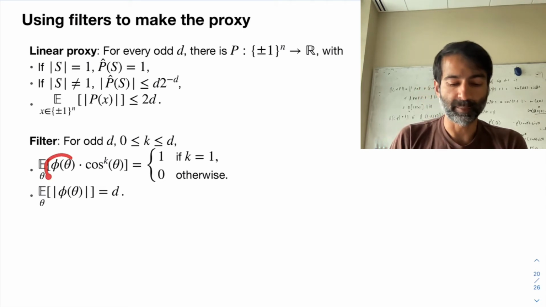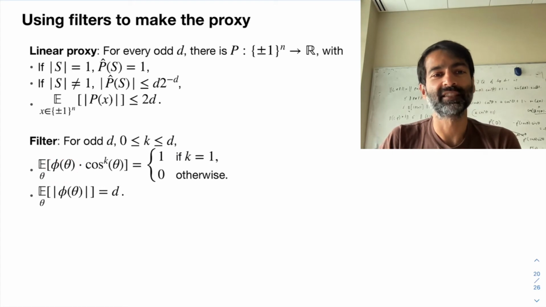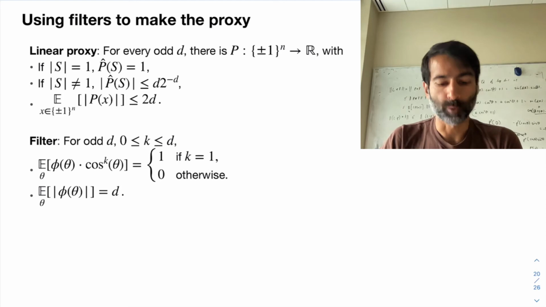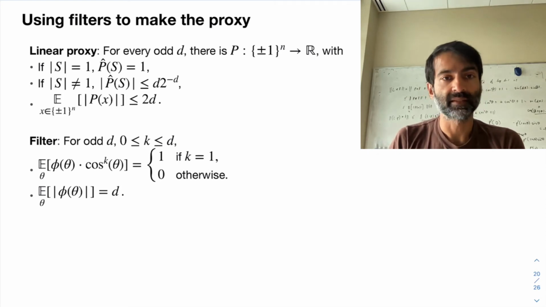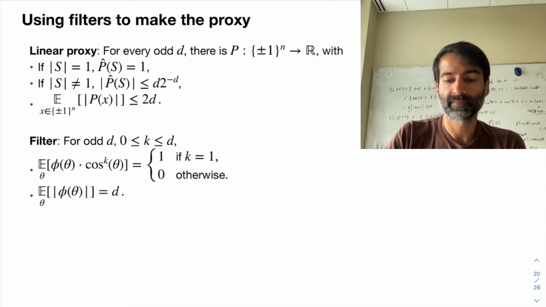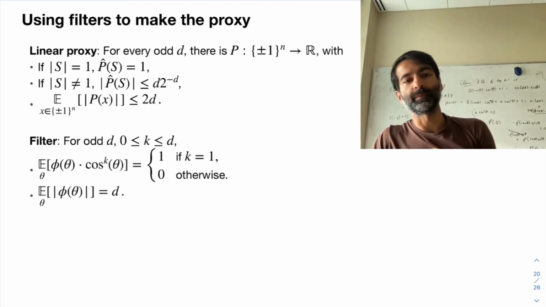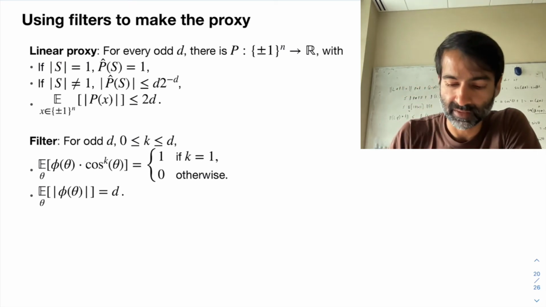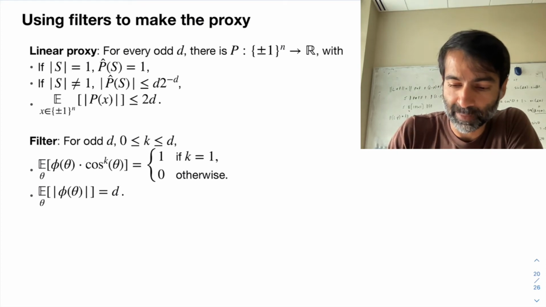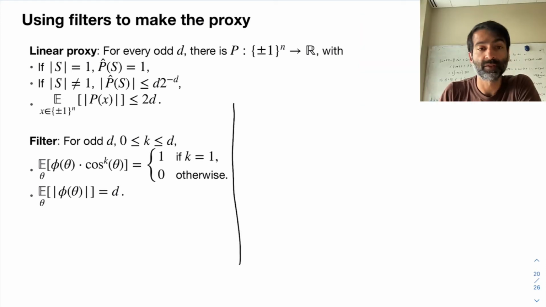Okay, so this phi picks out the linear powers of cosine theta. Moreover, the L1 norm of this phi is bounded by order d. In fact, it will be exactly equal to d in the construction that I'll show you. And let me now explain how to use this filter to construct the linear proxy.